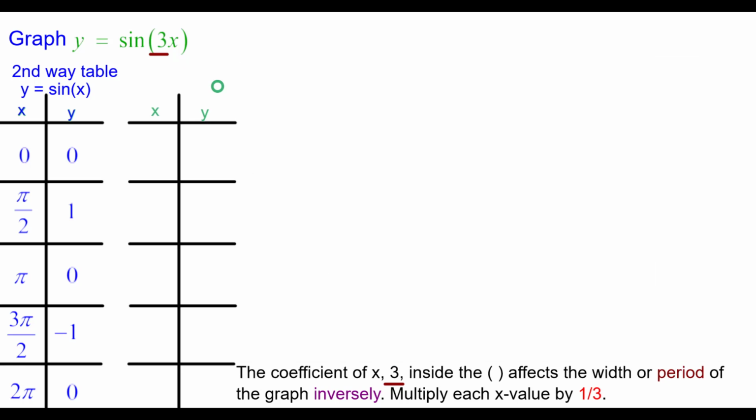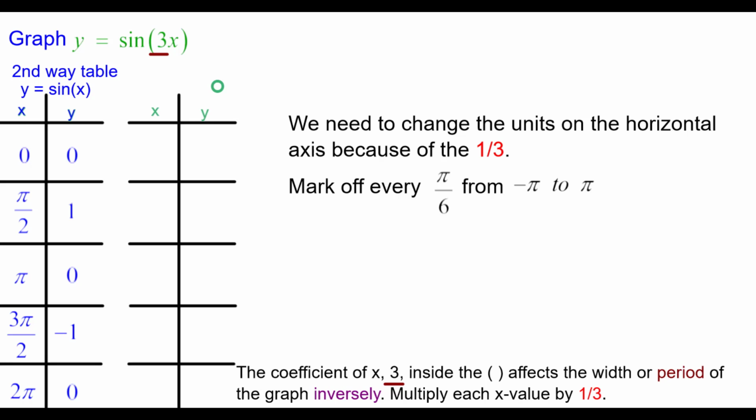So we're going to multiply each x value by the reciprocal of 3, which is 1/3. But to do that, we're going to have to change the units along the horizontal axis because of that 1/3. And so we're going to mark off every pi over 6 and have it go from negative pi to pi. Pause to do that.